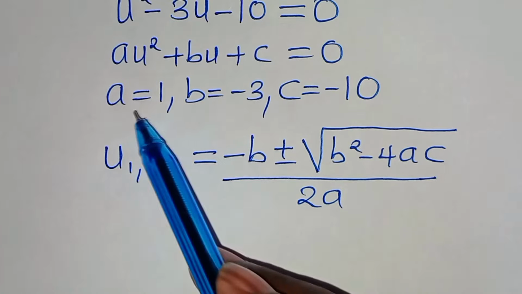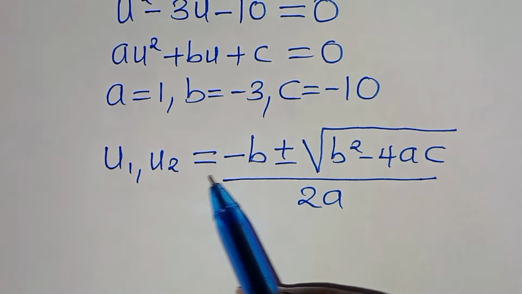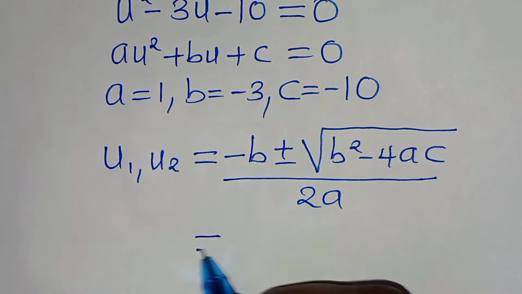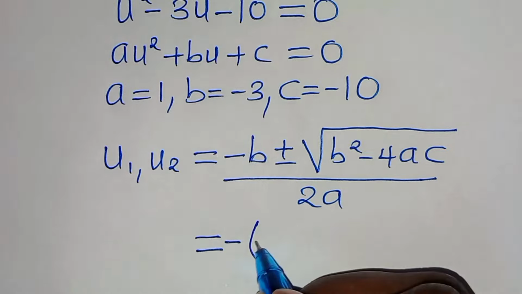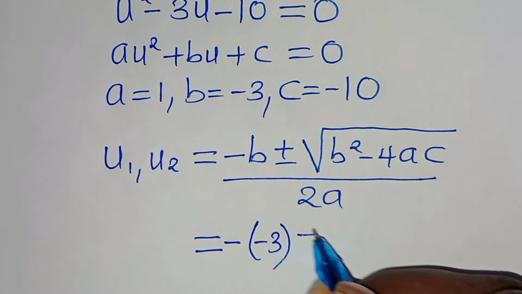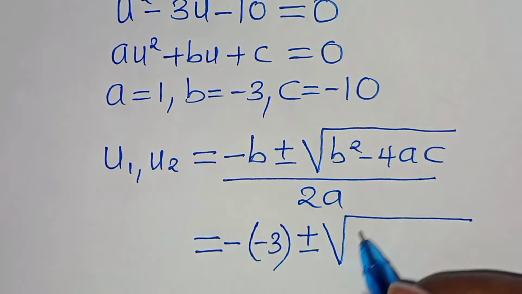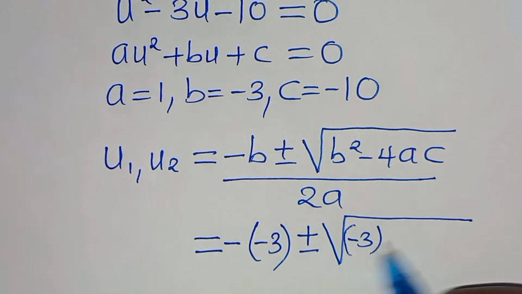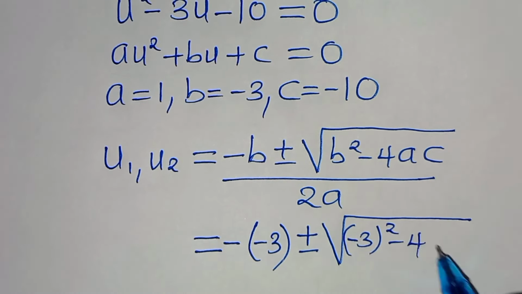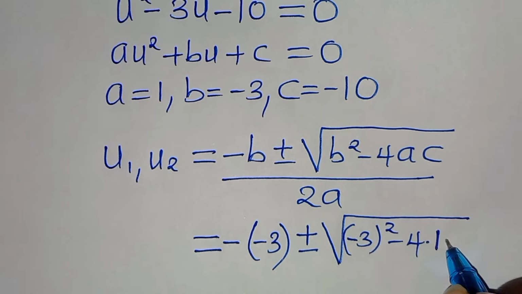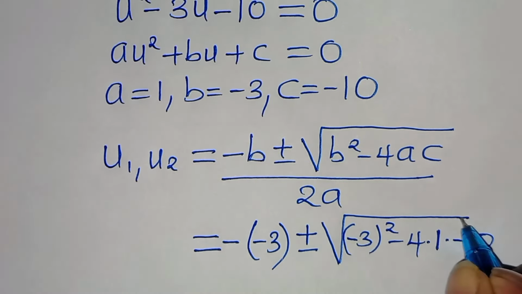Now let's substitute the values of a, b, and c into this equation, so that we have minus minus 3 plus or minus the square root of minus 3 raised to the power of 2 minus 4 times a, which is 1, times c, which is minus 10.